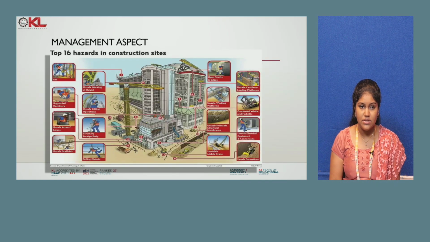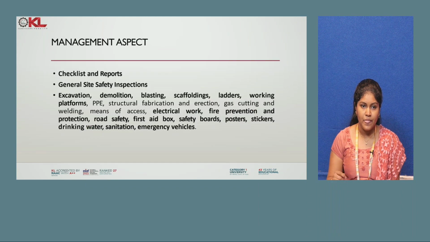Here you can see the top 16 hazards in construction sites mentioned: unguarded machinery, fire, unsafe working at height, unsafe lifting operation, unstable mobile crane, unsafe excavation. All those things have to be known by the people who are working in the construction industry.